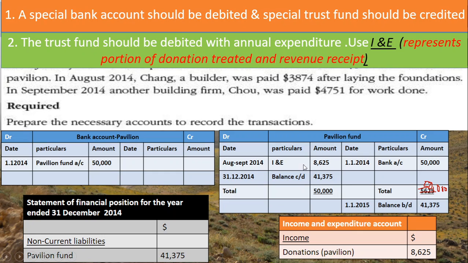So basically what you need to understand is, if you receive a donation for a specific purpose or a legacy for a specific purpose, you need to open up a special fund like the pavilion fund here, and whatever expenditures are incurred during the year should be shown as income in the income and expenditure account, and the remaining amount, the balancing figure, should be shown under the heading of non-current liabilities under the specific name. Here it is pavilion fund and put the amount 41,375. So that's how you treat a donation for a specific purpose.